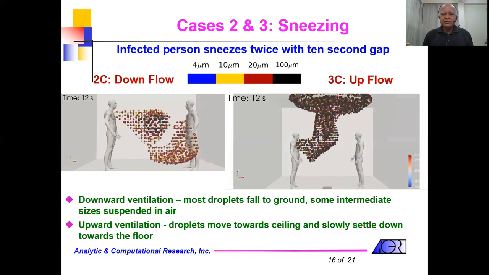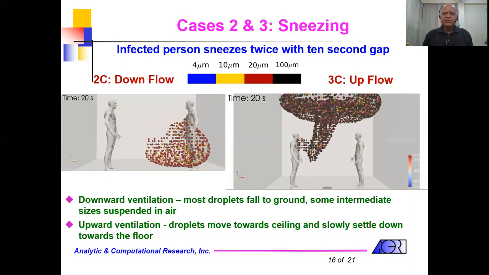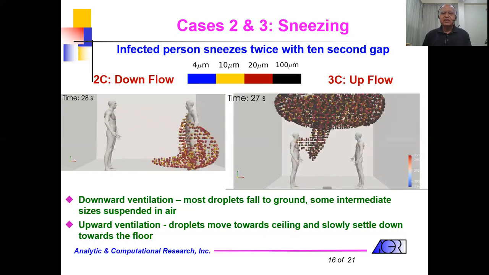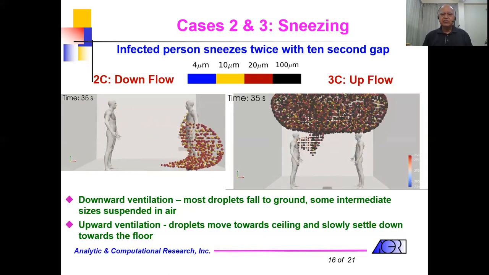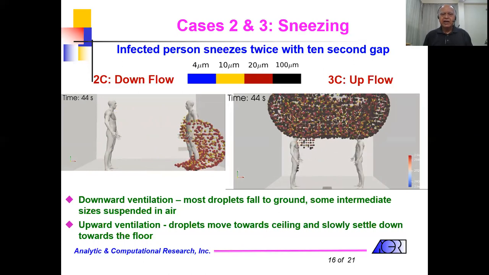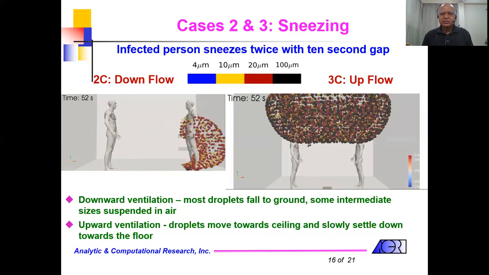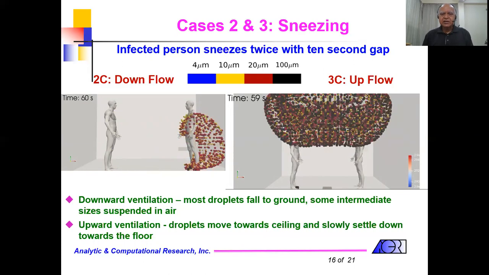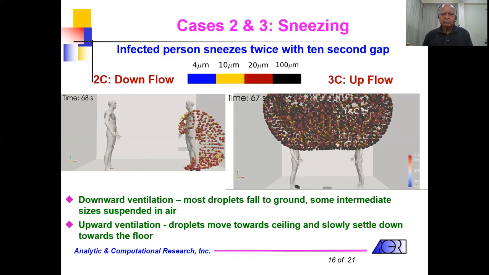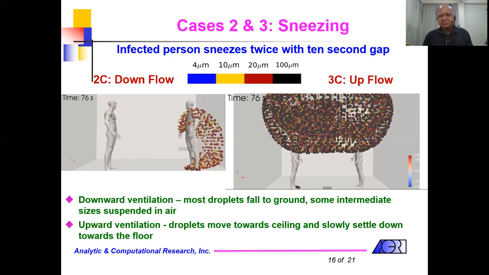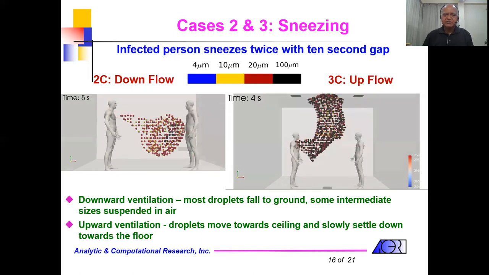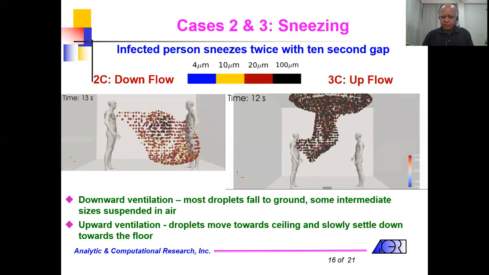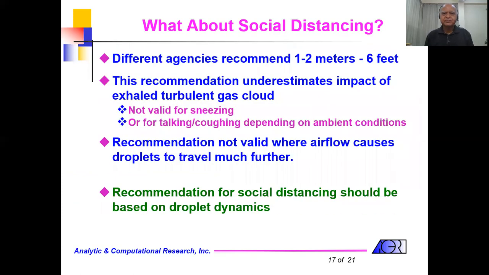In the case of the upflow, everything first moves toward the ceiling and then begins to float down and again envelops the person concerned. So in this case, the upflow seems to be a more dangerous situation if you look at just this, but it's very specific to how the situation would develop.